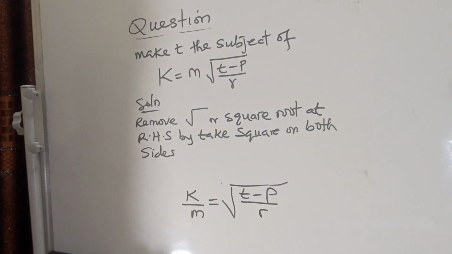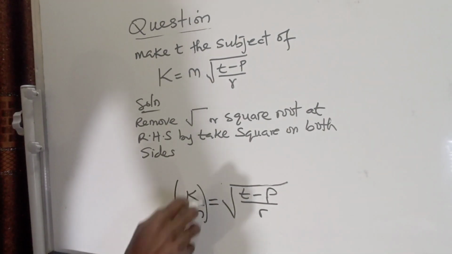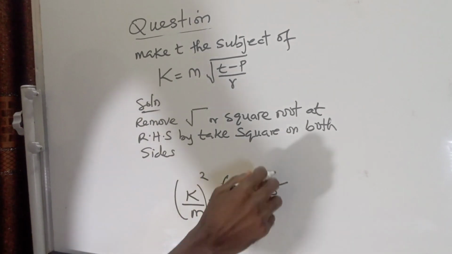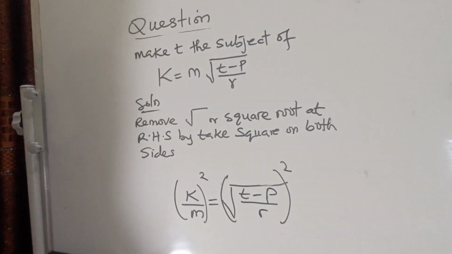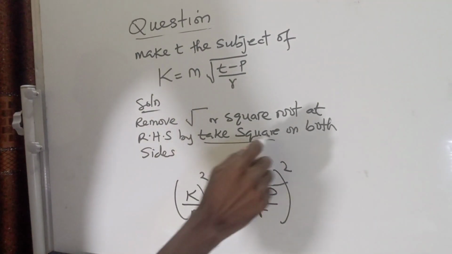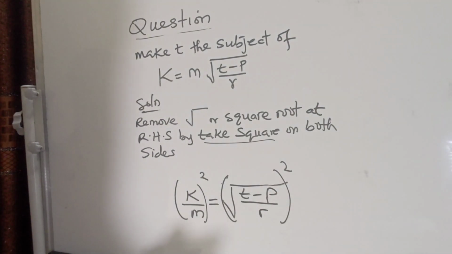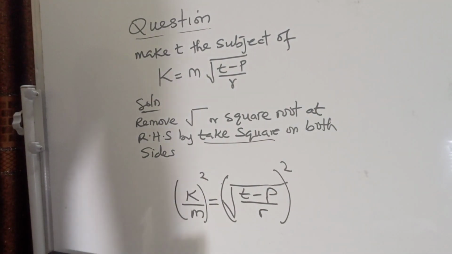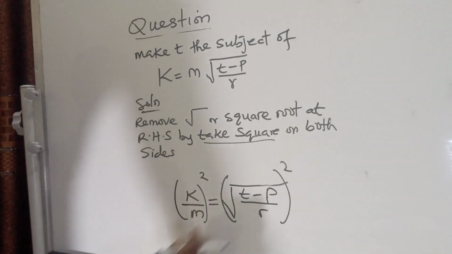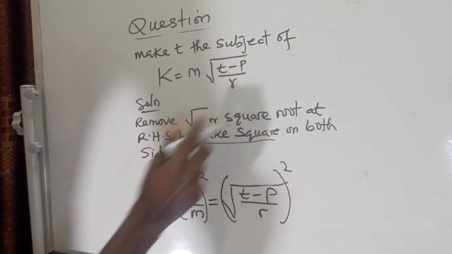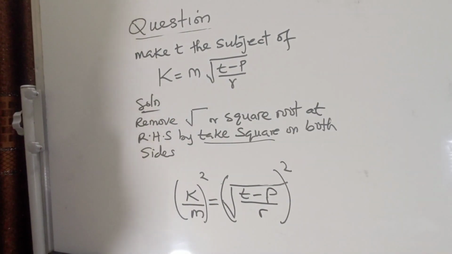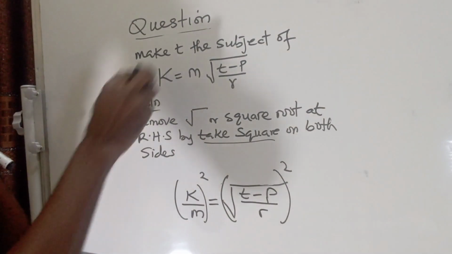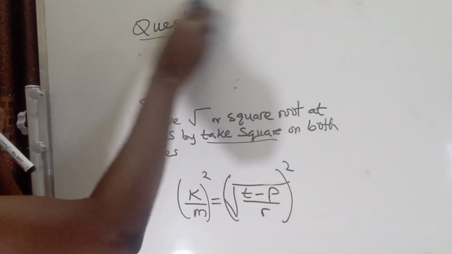So how do we take the square on both sides? I'm going to take the square here and I'm going to take the square here. That's how to take square on both sides. So if I take the square here and here, we are going to remove the square root. Alright, so let's work that out and see what we are going to get.